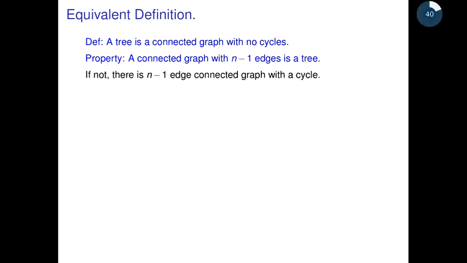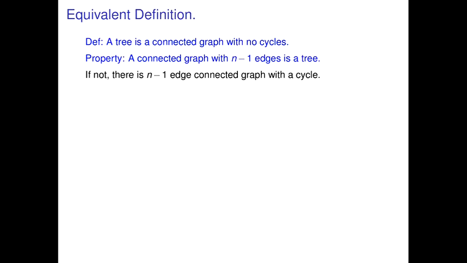If not, there's an n minus 1 edge connected graph with a cycle, right? Because this is connected, and it has n minus 1 edges, and if it doesn't have a cycle, it's a tree. So we know that if not, there's an n minus 1 edge connected graph with a cycle.